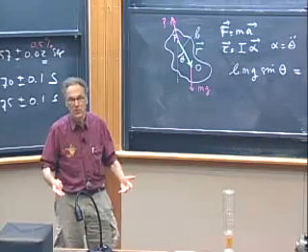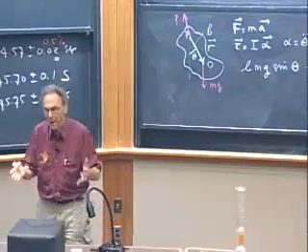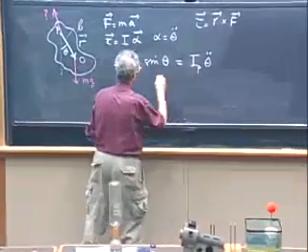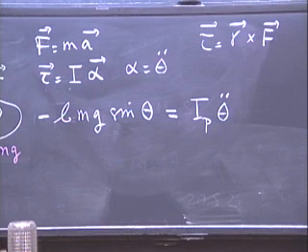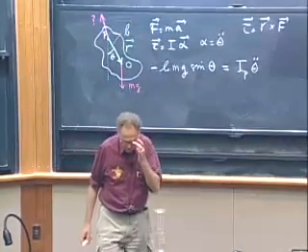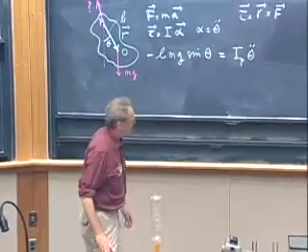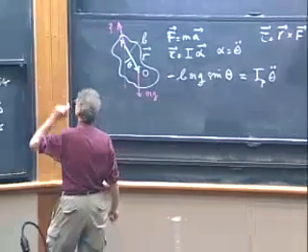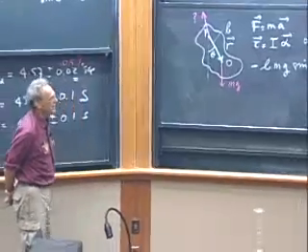That is like saying the torque is restoring. The same reason why we wrote down F equals minus kx with the spring is why we now write this equals minus this, to take into account the direction of the vectors. And so this is the differential equation that you would have to solve. And if now we go to small angle approximation, then the sine of theta goes to theta if theta is in radians.